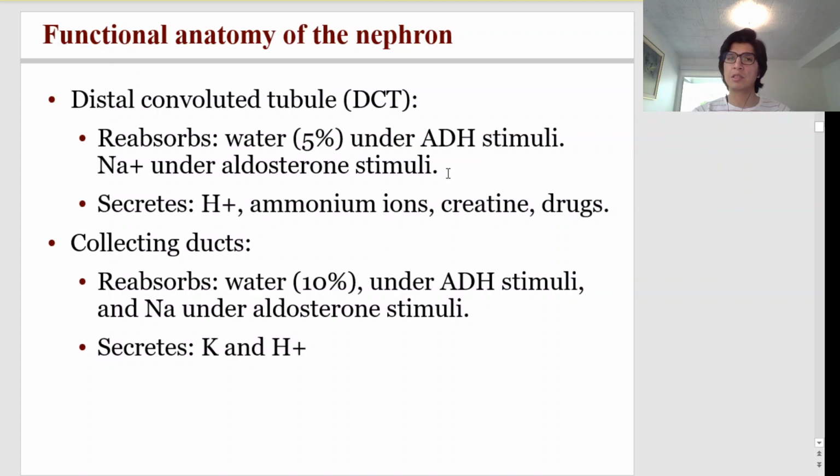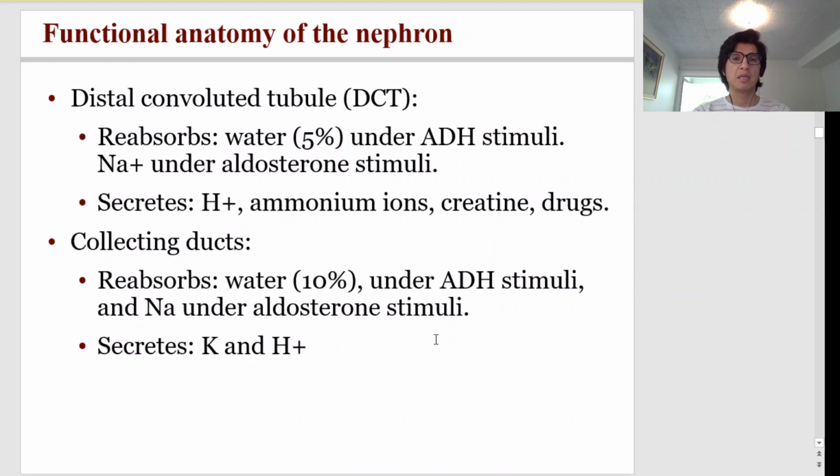Basically, by reabsorbing sodium, water will follow. So it's a method of regulating, through antidiuretic hormone, how much water is lost. The collecting ducts, once again under hormonal stimuli, are able to reabsorb water, and this is kind of like the last chance to reabsorb, and they secrete potassium and hydrogen.